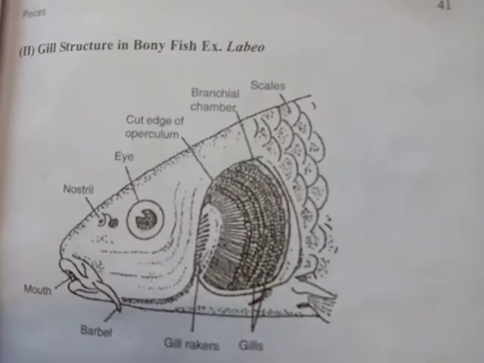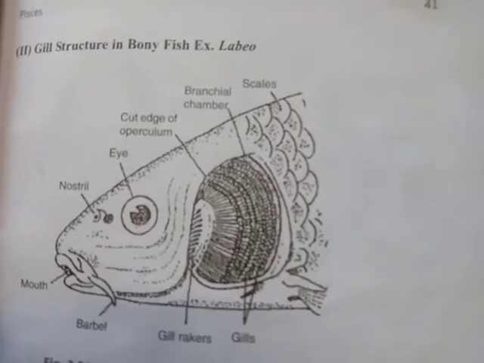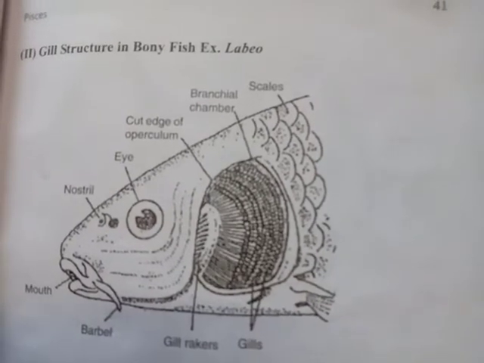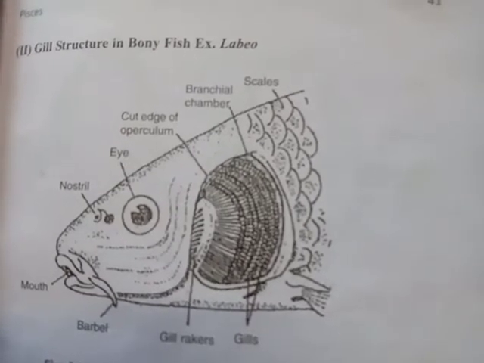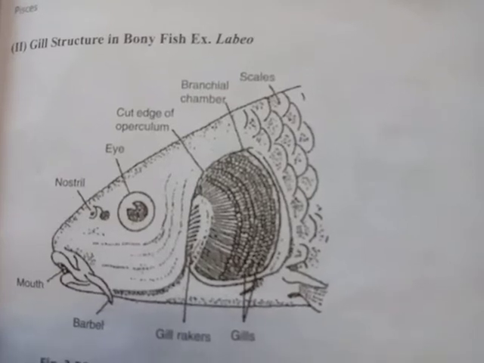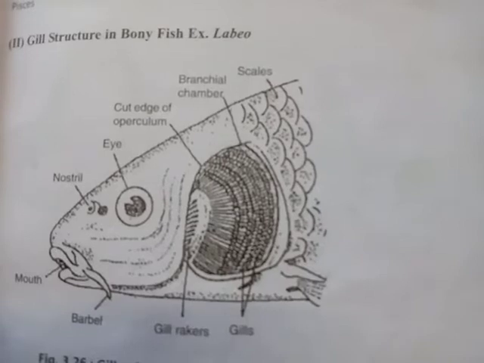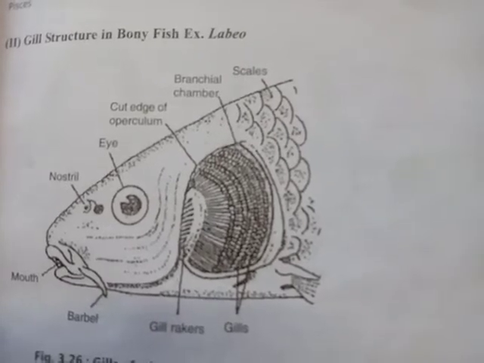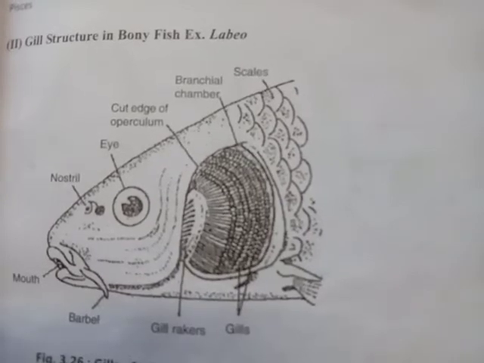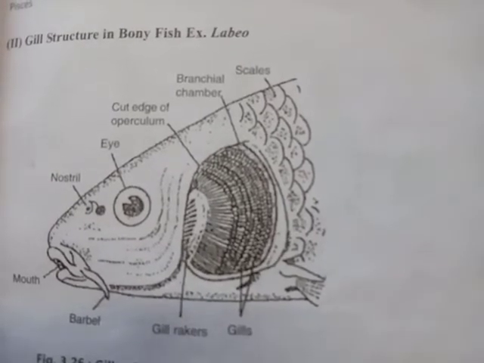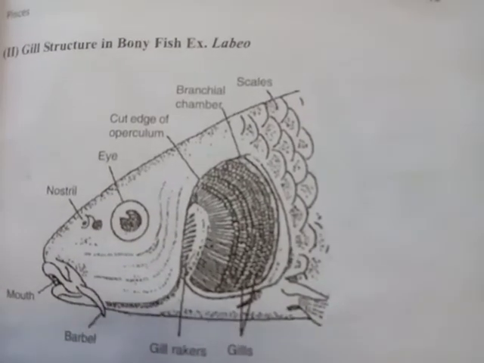Now we will see the gill structure in bony fish, for example, Labeo. In Labeo, there are 5 pairs of gill clefts opening in the pharynx by internal branchial apertures. As gill clefts do not open to the exterior directly, there are no external branchial apertures.